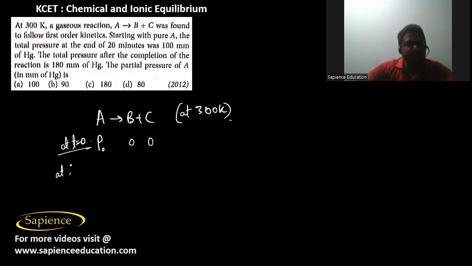Then at t equal to 20 minutes, some fraction of A will react, so P naught minus P will remain, and P is the partial pressure of B, and P is the partial pressure of C. Here all are gases, since it is told that it is a gaseous reaction.